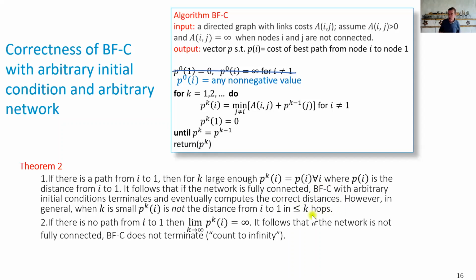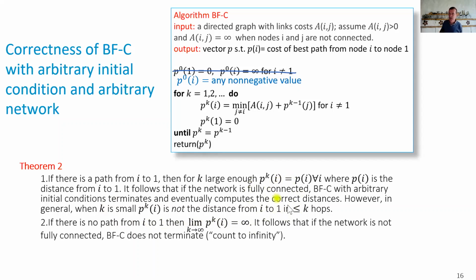However, we have lost, in this case, the interpretation that when k is small, we have the distance in at most k hops. This is true only with the initial conditions that I gave initially. But if we have arbitrary initial conditions, that will happen. And then if there is no path from I to the destination, then it will count to infinity.